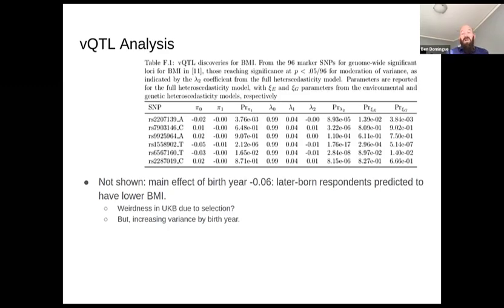I don't know exactly what this is due to; my guess is that it's due to selection issues, so this is potentially fruitful ground for follow-up. But we do observe increasing variation by birth year, so our basic heteroscedasticity notion remains relevant in the UK Biobank as well.